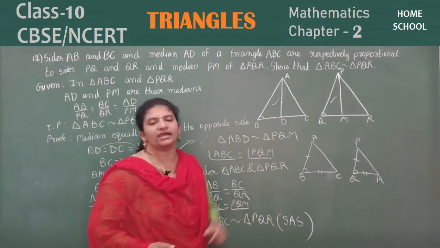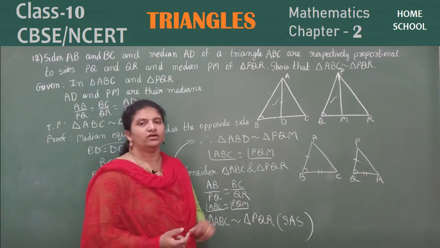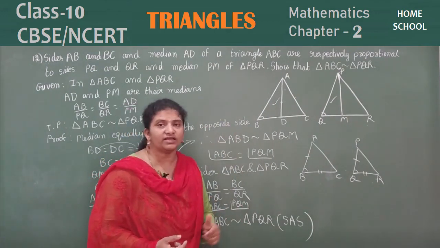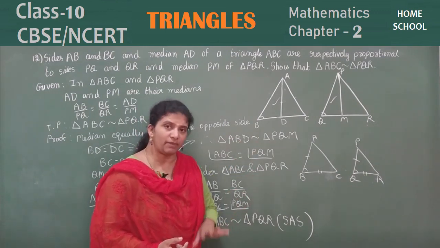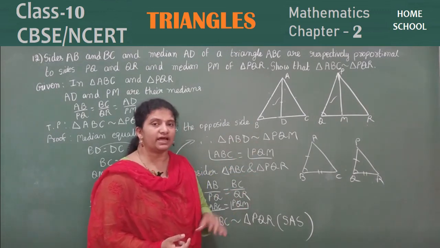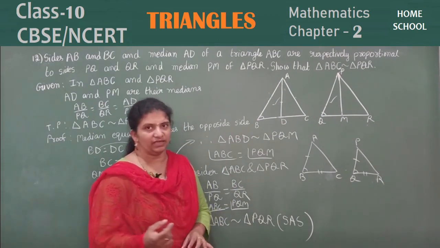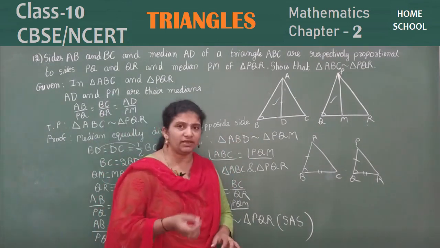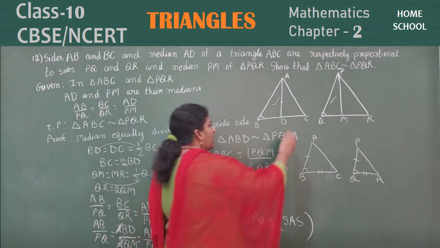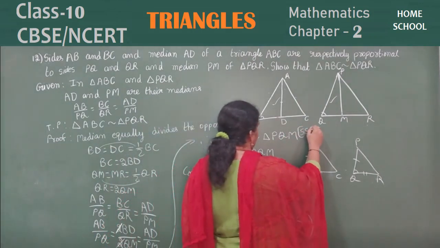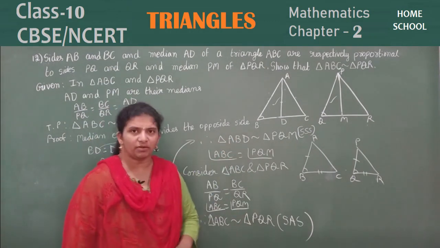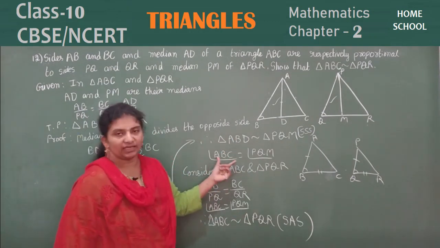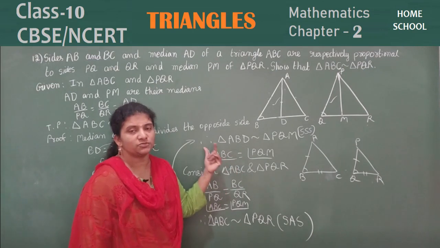According to all sides are in proportion, then I can say that the two triangles are similar. So if they are similar, by what I am saying this? I can say this by SSS similarity criteria. If all sides are in proportion, automatically I can equate the corresponding angles.